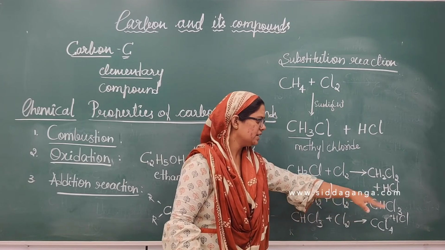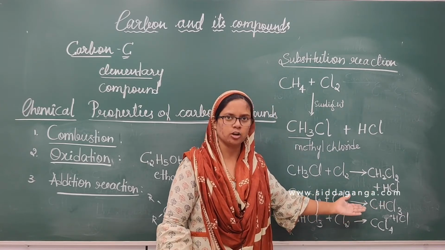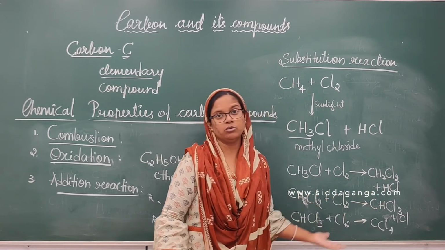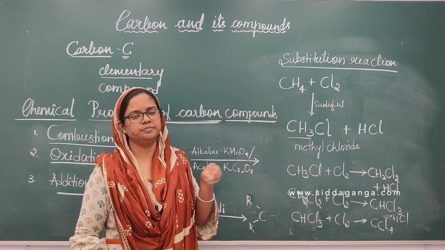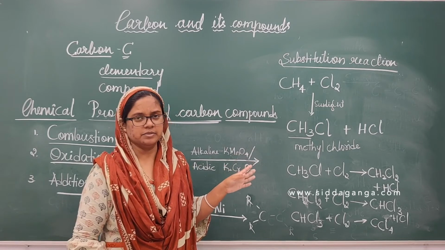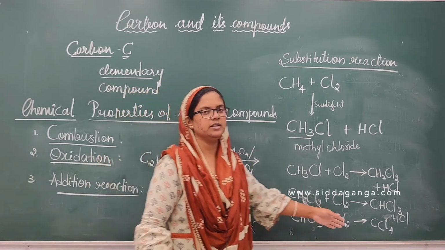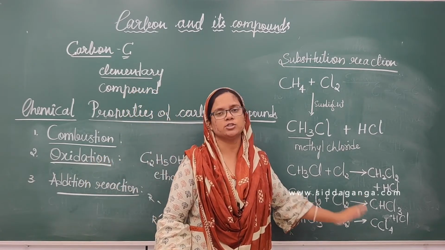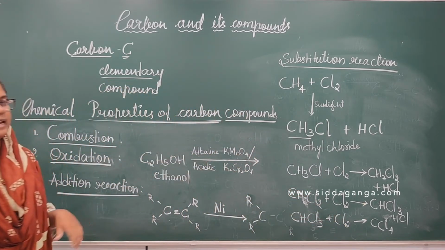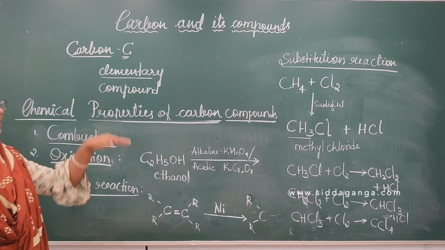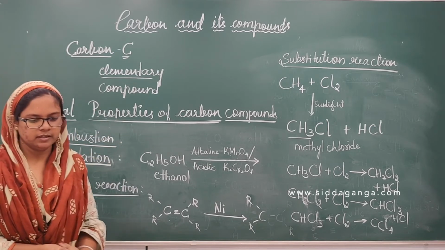As we discussed, trichloromethane acts as chloroform. And carbon tetrachloride is a very good solvent in organic chemistry. In most of the labs, it's a very good organic solvent. So this is how the substitution reaction takes place in carbon compounds.